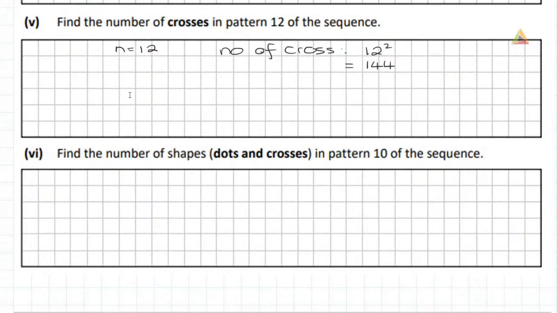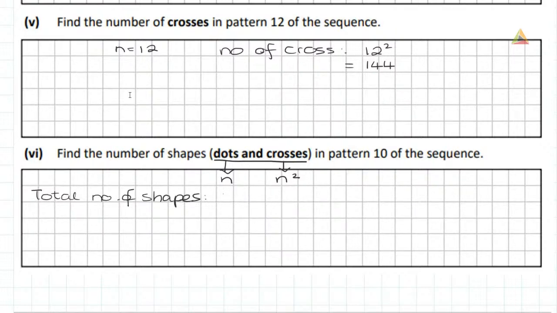Find the number of shapes in pattern 10 of the sequence. This time we want our dots and our crosses. So we had a formula for our dots that was n, and for our crosses that was n squared. So the total number of shapes is going to be to add those together.